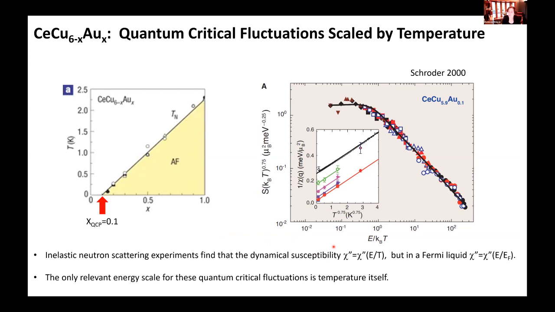Electrons have the Fermi temperature. For materials that are near quantum critical points, the defining feature is that the excitations have no scale at all, other than temperature itself. And so again, that is a very strange kind of excitation. But it tells us that this is really a new kind of matter with inherently quantum mechanical properties.